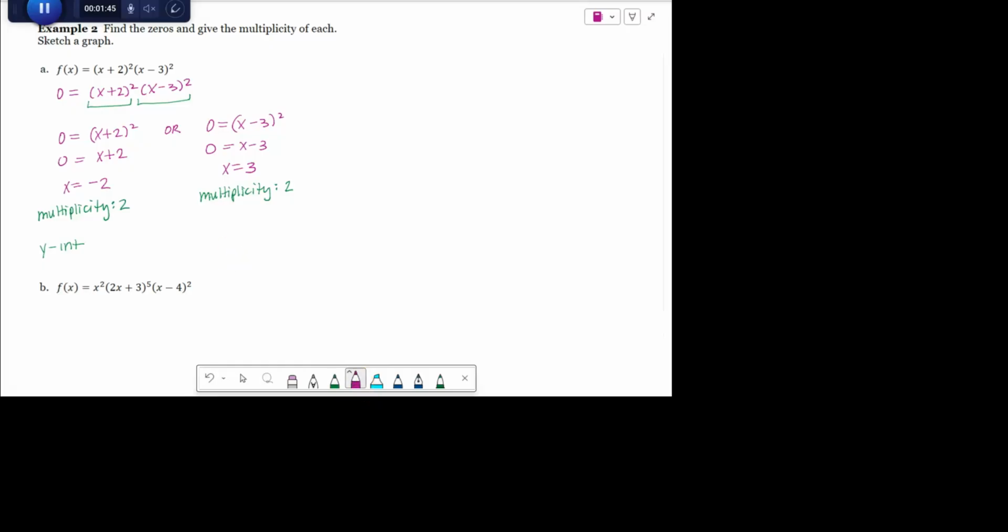Let me write these as points. Let me go back to the x-intercepts. I want to write this as (-2, 0) and (3, 0). We're going to come back and use this in a minute. Our y-intercept, if we plug 0 into the equation there, we'll get 0 plus 2, the quantity squared, and 0 minus 3, the quantity squared.